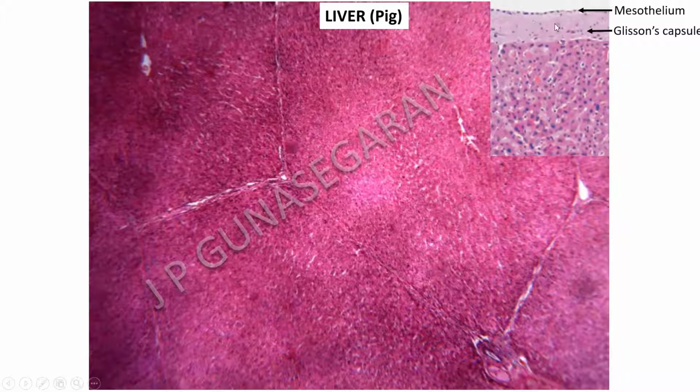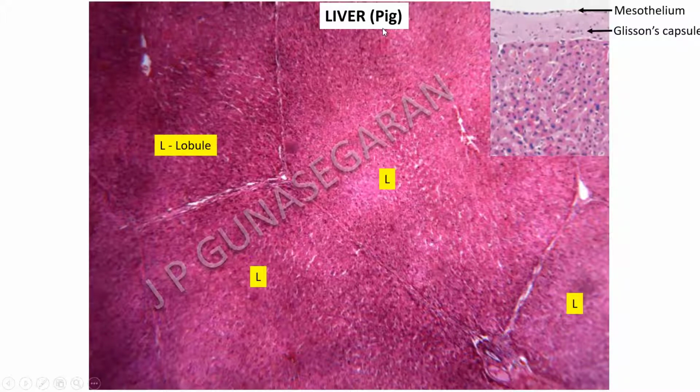The Glisson capsule is thickened at porta hepatis and sends trabeculae and septae into the interior, dividing the parenchyma into number of hexagonal lobules. The lobules are incomplete in human and complete in pigs and other lower animals.